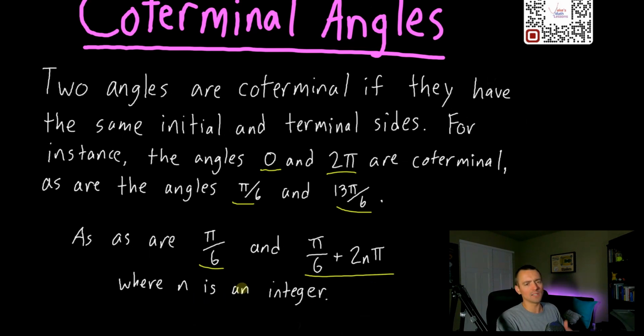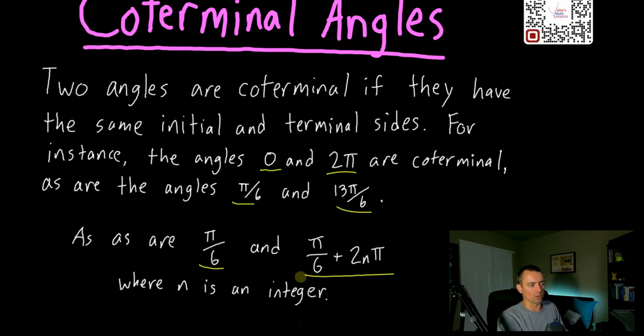If n is an integer, that means n is a whole number, and it could be positive or negative. So if n is 1, 2, 3, 10, 16, negative 22, negative a million, for any whole number n, if you have 2 times that whole number times pi, and you add that to the initial angle that you started with, you end up with a coterminal angle.